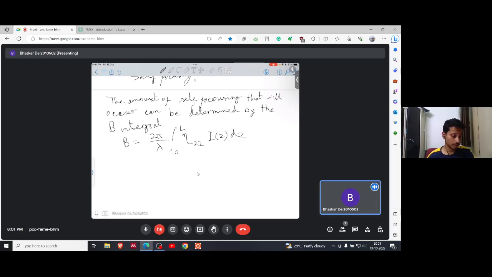The value of the B integral that leads to severe self-focusing and damage to the rod is approximately 3 to 5. So this self-focusing can lead to damage of the material.